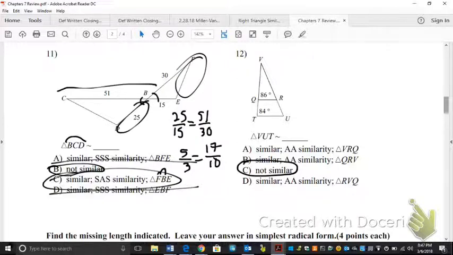12 is also not similar, and here's why. We have no side lengths, okay? So we're only really looking at angle-angle similarity. Now the only angles that we're told is this 86 and this 84. Well, because we know that those are different, we know that QR and TU are not parallel. See, not parallel.